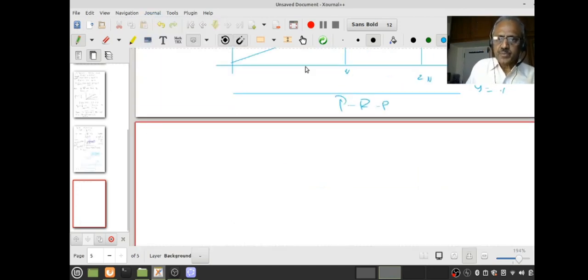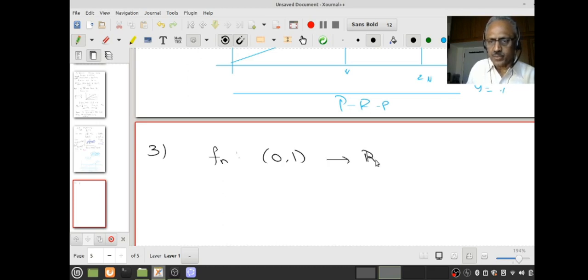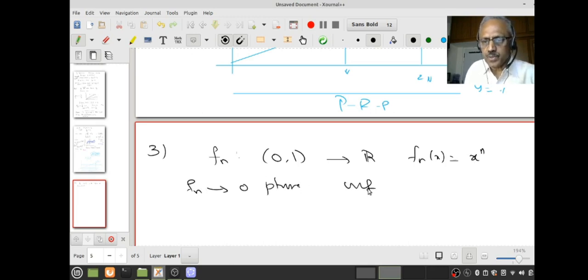The third example you have seen already is a sequence of functions f_n on the open interval (0,1) to R. I will tell you why. Even though I looked at the closed interval [0,1], I want to look at f_n(x) equal to x to the power n, and then we know f_n converges to 0 pointwise. I want to know whether it's uniform convergence.